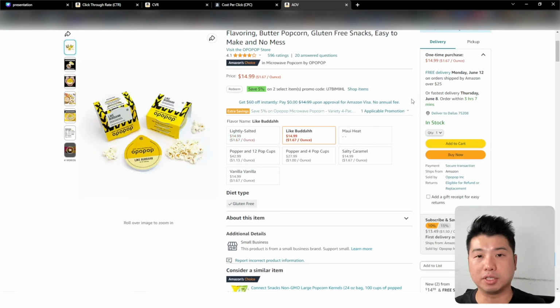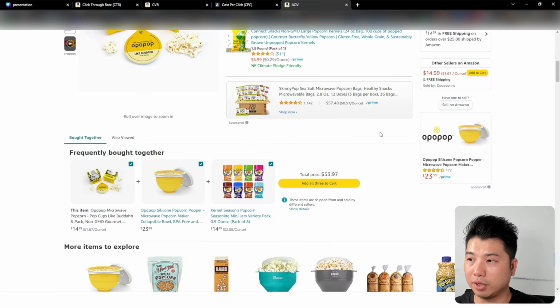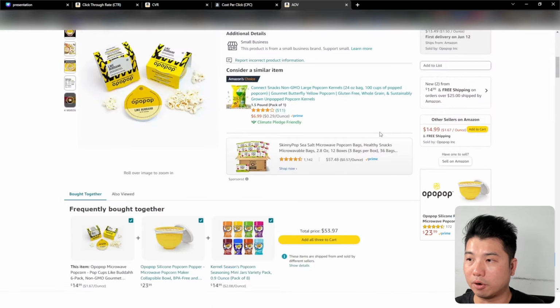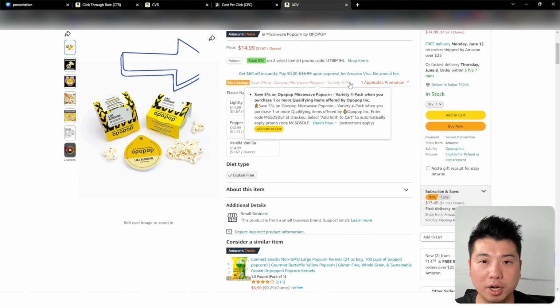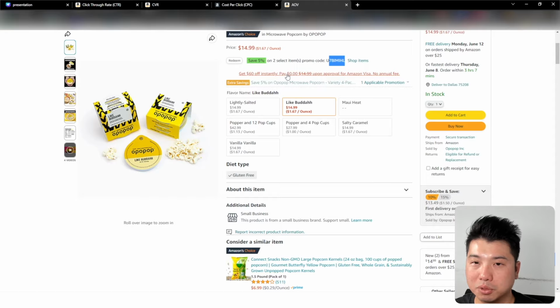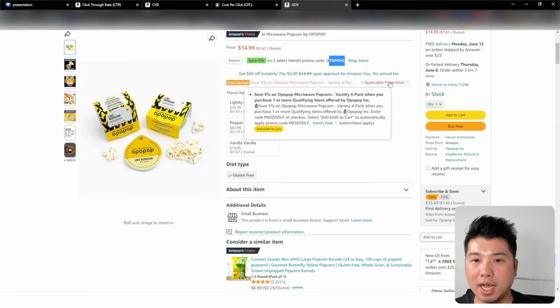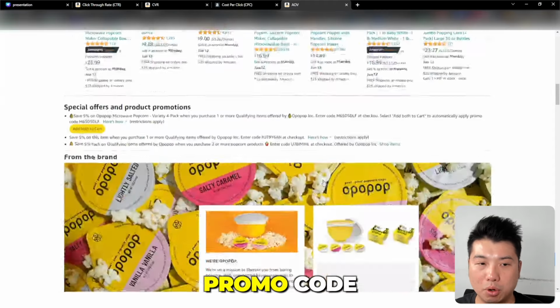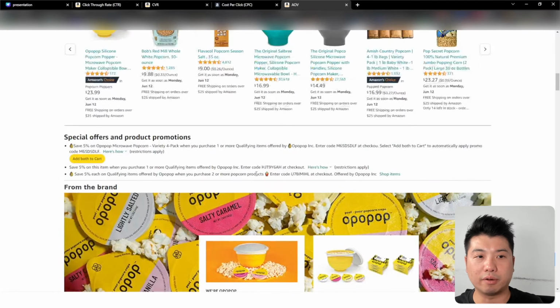Lastly, you could increase the AOV with coupons. You can see 2 ways that you could increase the AOV through couponing. First is that you could have a coupon right here where they could save 2% off by using this coupon code if they select 2 items, right? Another way is that you could get them with the promo code to purchase different items, right?